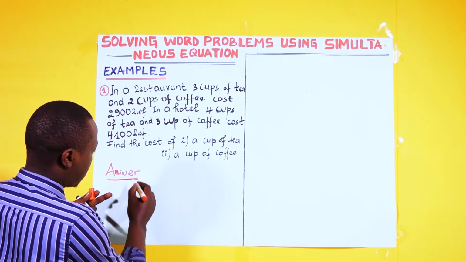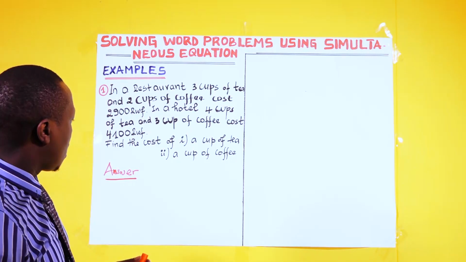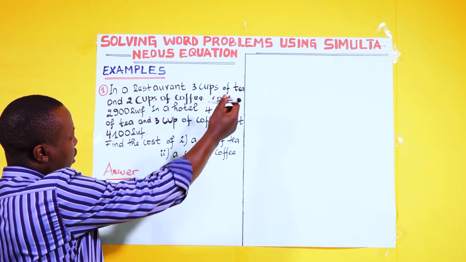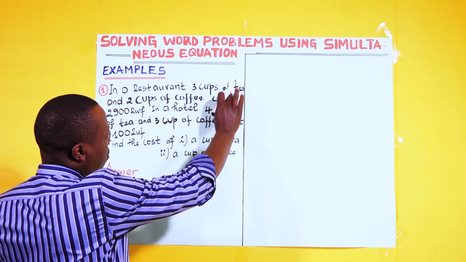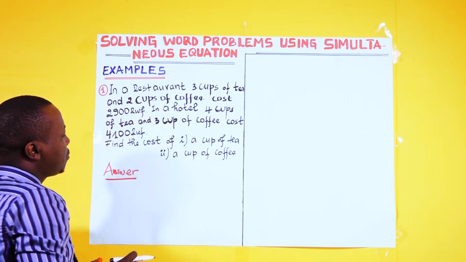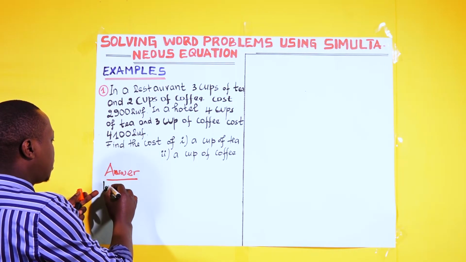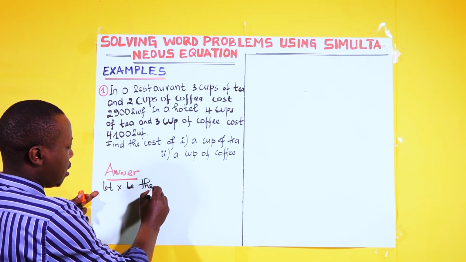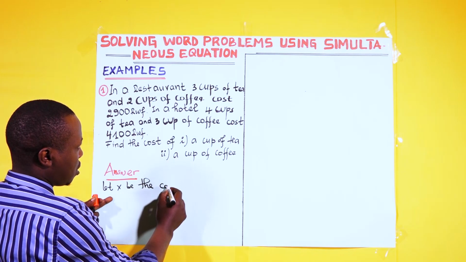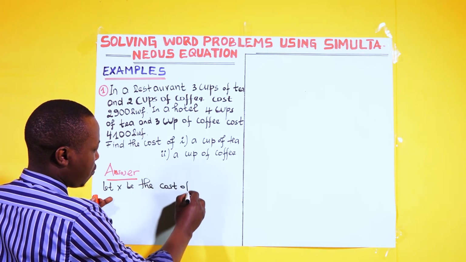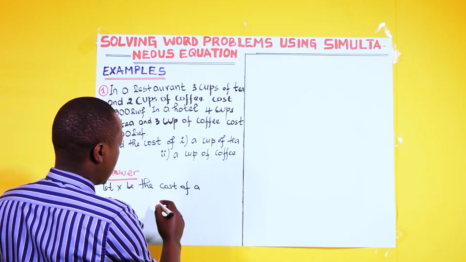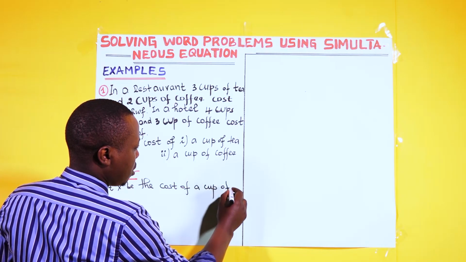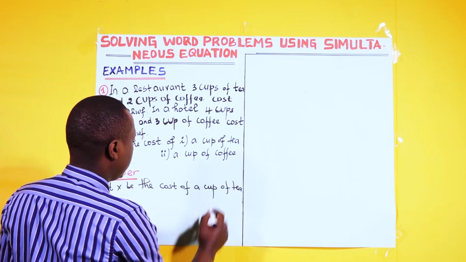You have first to set up the unknowns for each element that you have here. You have a cup of tea, you have also a cup of coffee. So you can say let X be the cost of a cup of tea, for example.